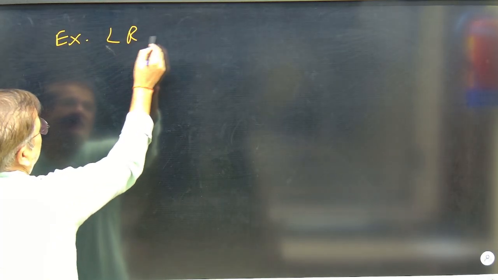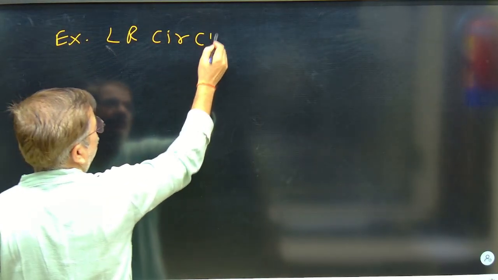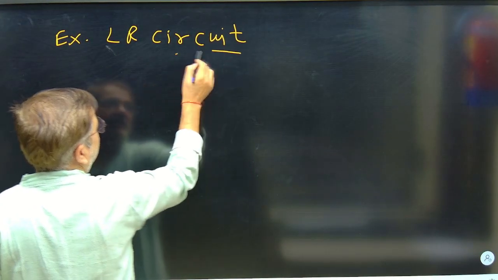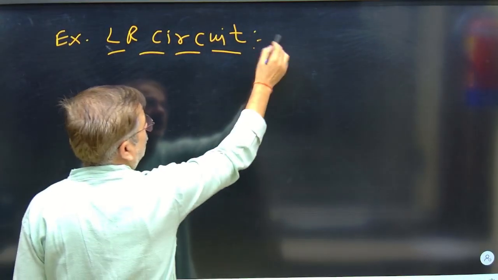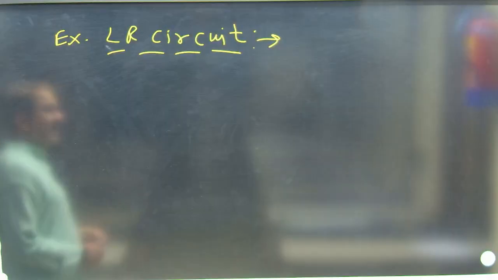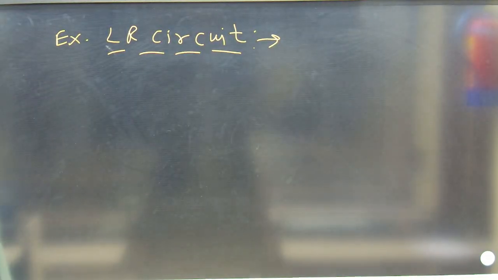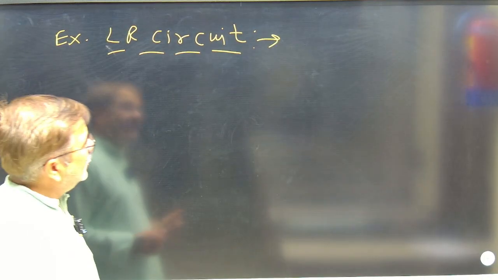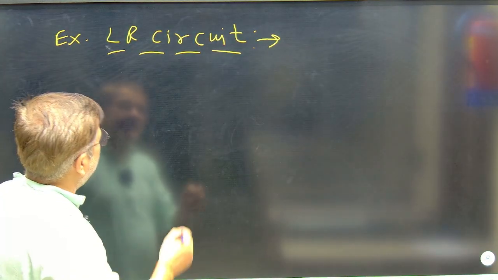One more interesting case for LR circuit, I can take an example for the LR circuit. How do we go? This result also we can do. How it happens for the LR circuit, the LR circuit example we can take. Now, how do we see this LR circuit arrangement?